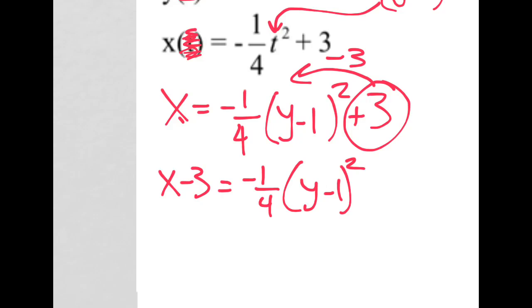So again, what's the next step that I should take? I'm going to think of that in parentheses because I am about to then take this negative 1/4 and multiply that on both sides.